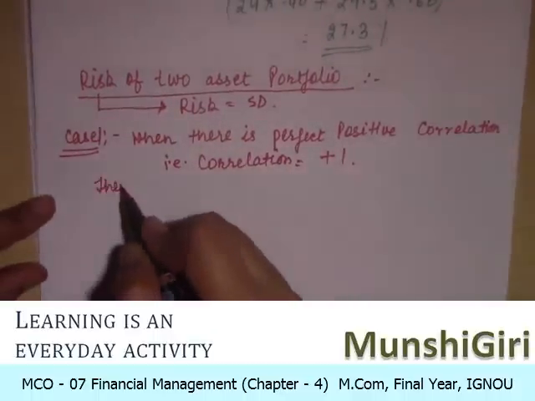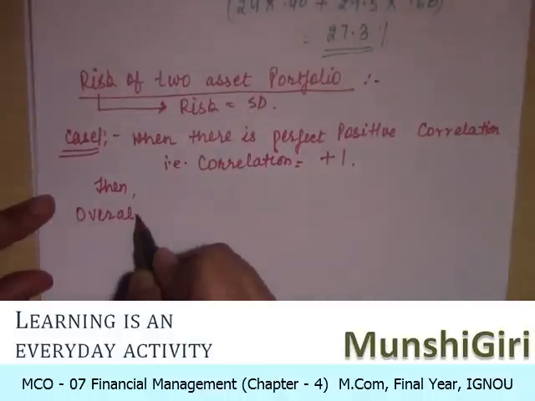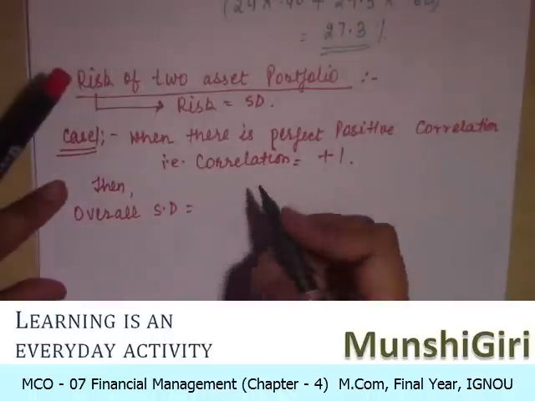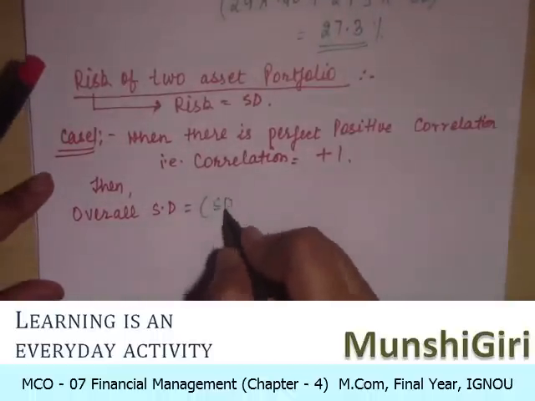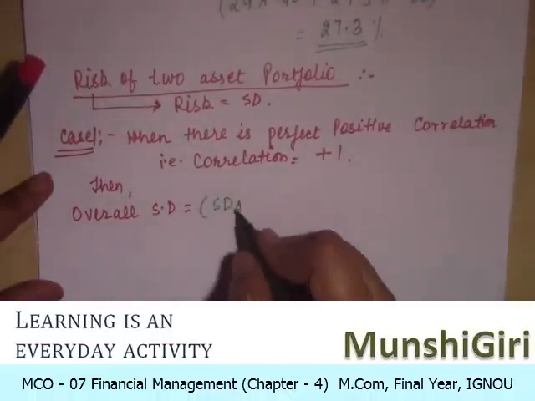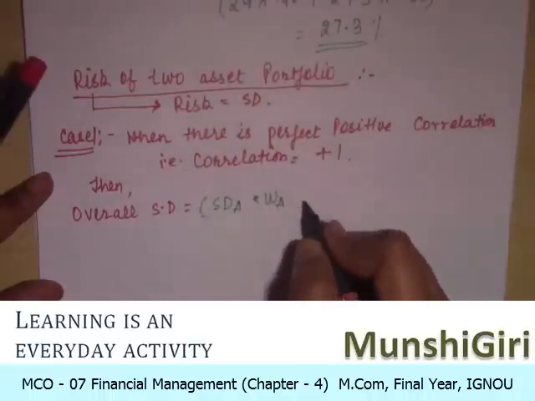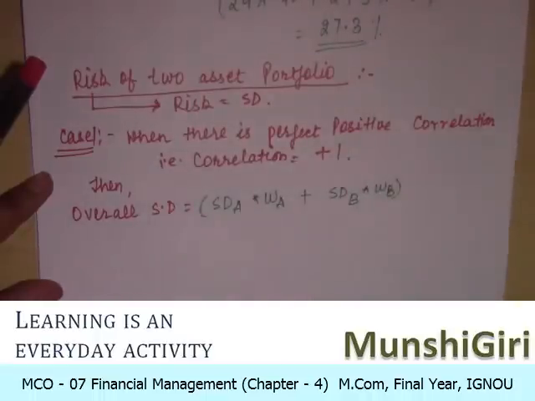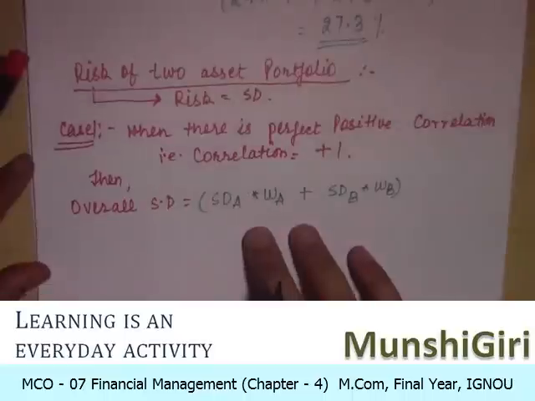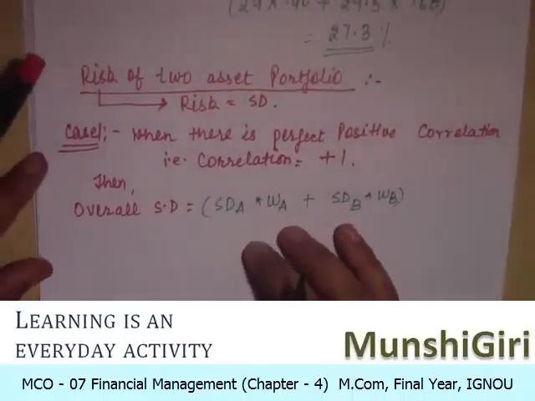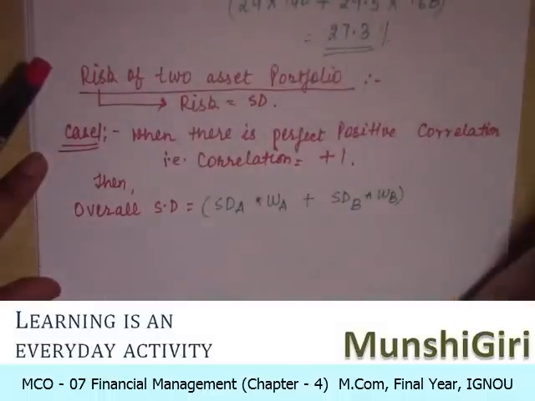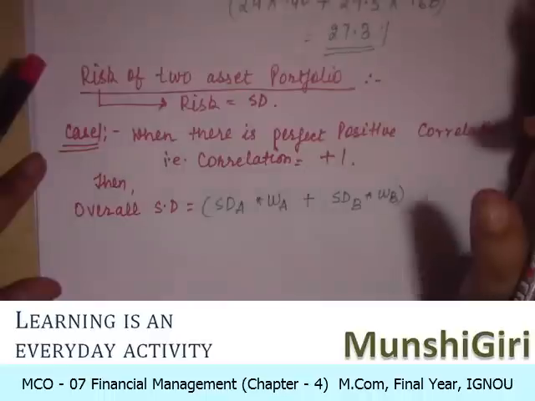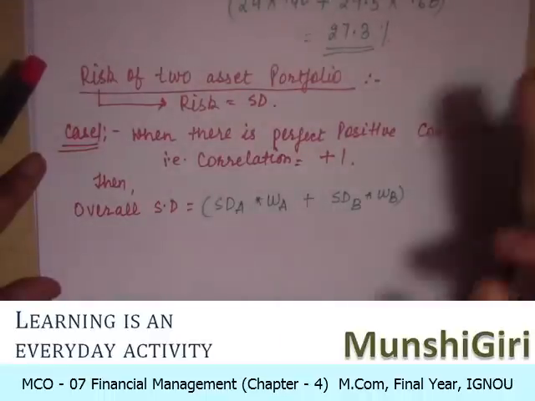Then the overall standard deviation is equal to standard deviation of A into weight of A plus standard deviation of B into weight of B. This is similar to what we calculated for return, that is expected return of the first security into its weight plus expected return of the second security into its weight.